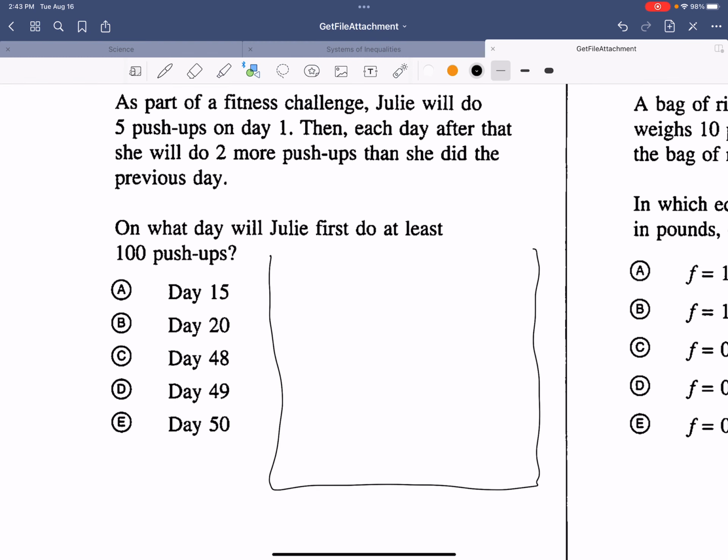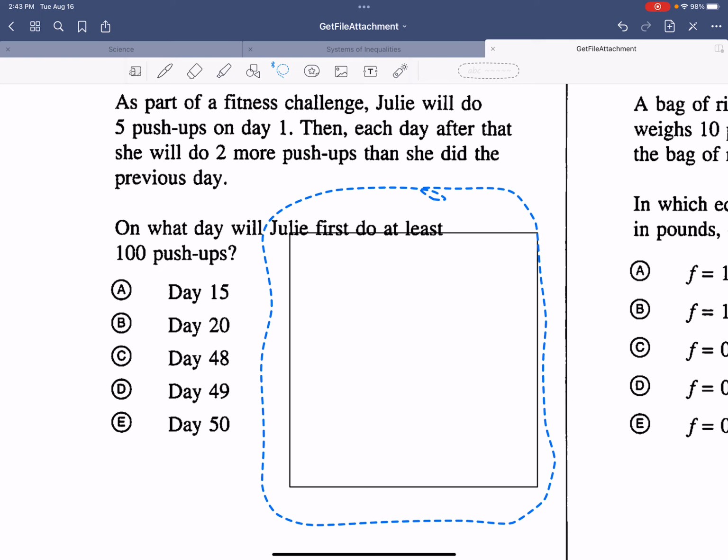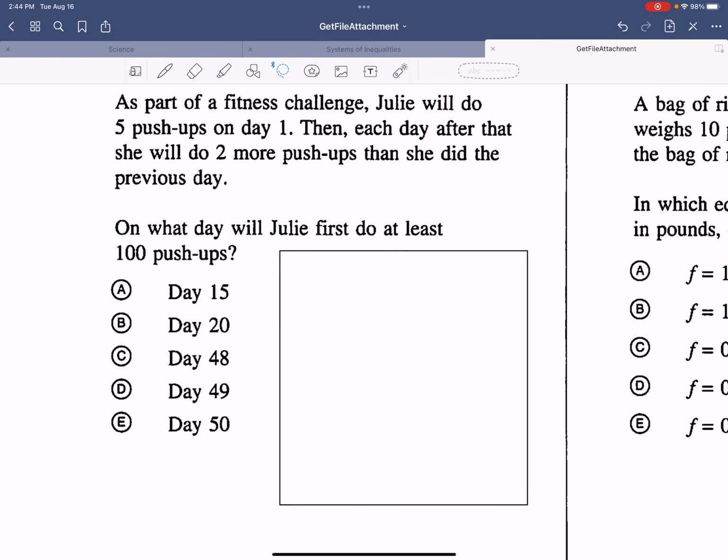And to set this one up, I'm going to draw a pretty complicated table. I'm going to make a space for it and try to at least get it down here in frame. And I'm going to put, I believe, 4 columns. This is going to be for the input, which in our situation is represented by the days.